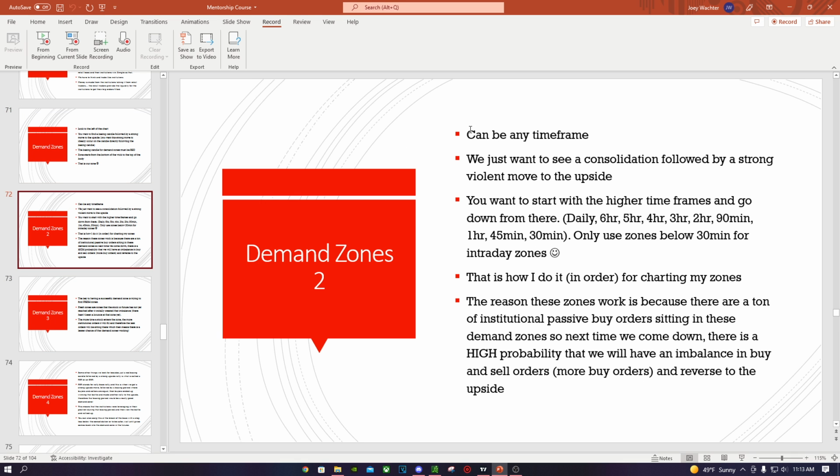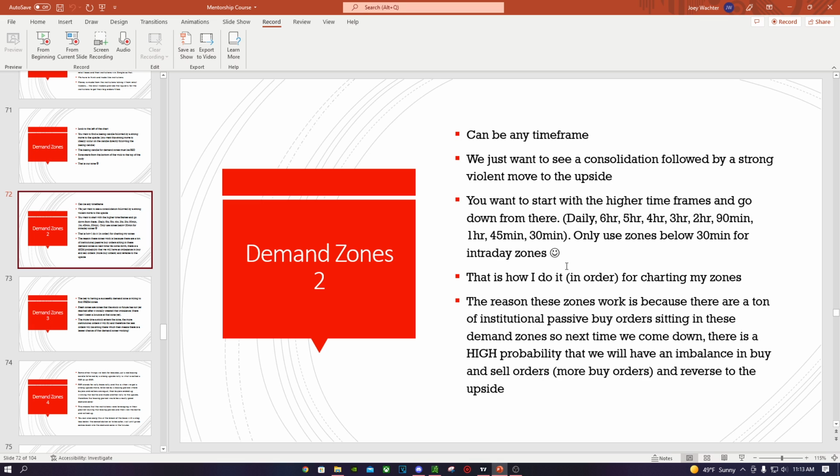Demand zones can be on any time frame, and we just want to see a consolidation followed by a strong, violent move to the upside with some sort of continuation. Then you want to start on a higher time frame. Usually you start on a daily time frame, then go 6 hour, 5 hour, 4 hour, 3 hour, 2 hour, 90 minute, 1 hour, 45 minute, 30 minute.